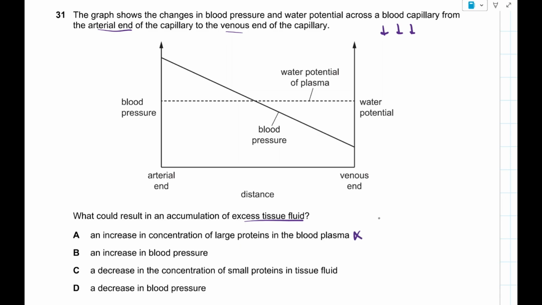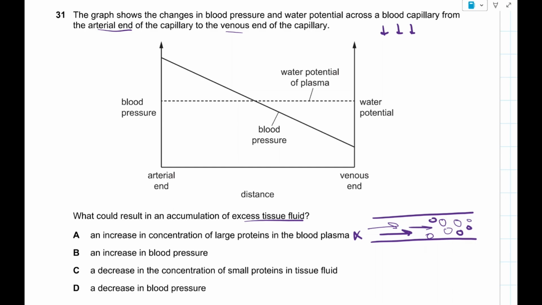Now, this is incorrect. So let's think scientifically. Here we have 2 forces. So in an arteriole and then going to capillaries, we have 2 different types of forces. First of all, we have the force of the blood itself and the pressure, and then we have the proteins.